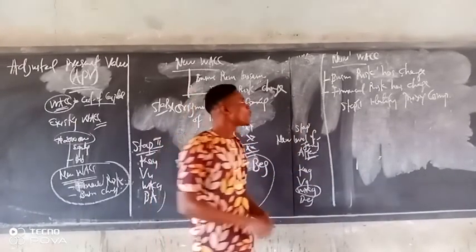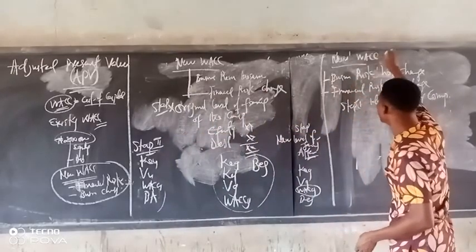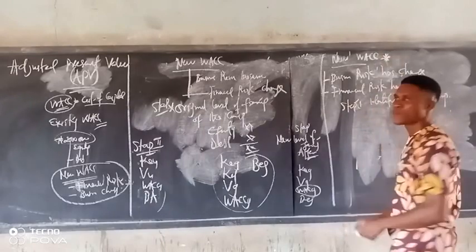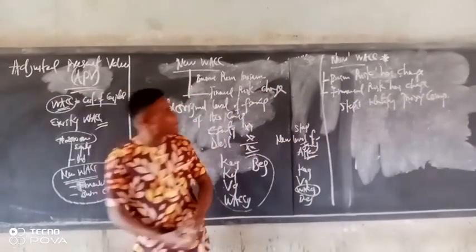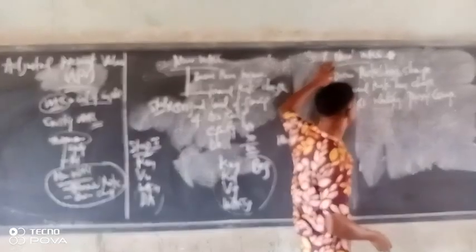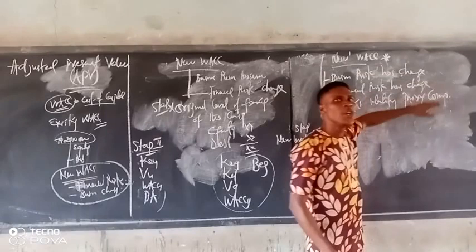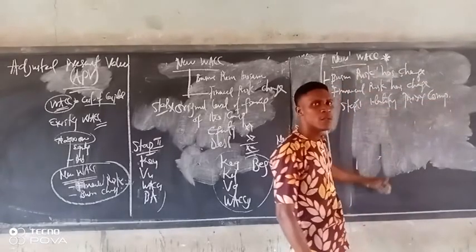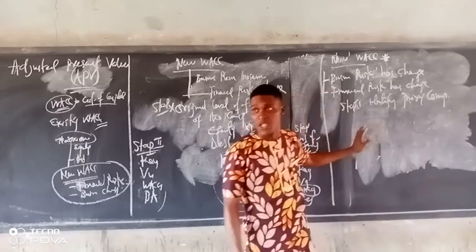So when I say that, instead of doing something like this, we can go to APV. From this place, the moment the business risk has changed and financial risk has changed, if you don't want to pass through all this scenario, then you can use APV.